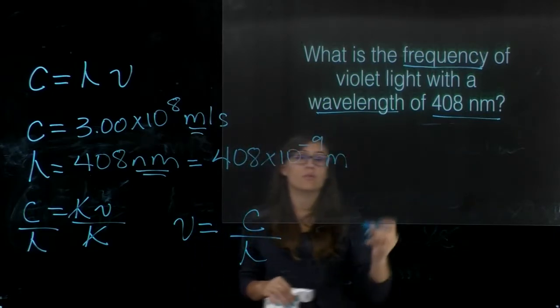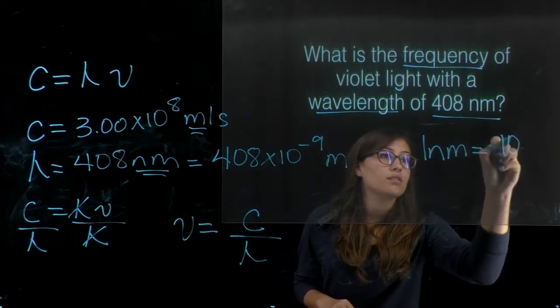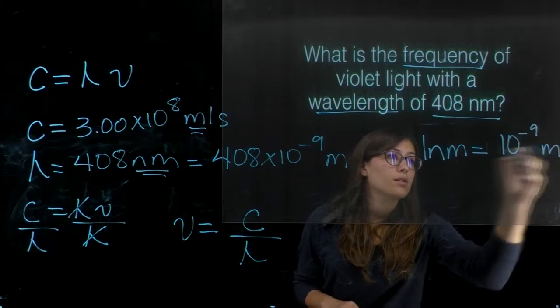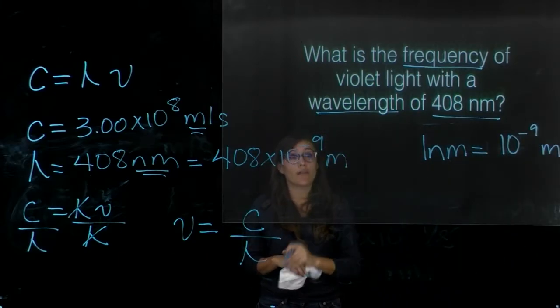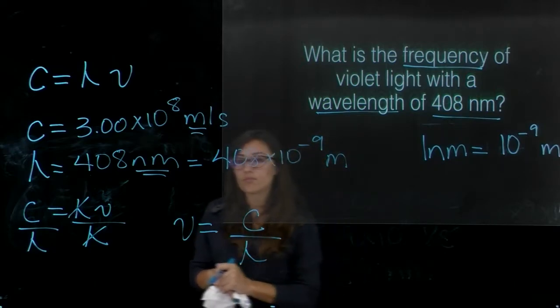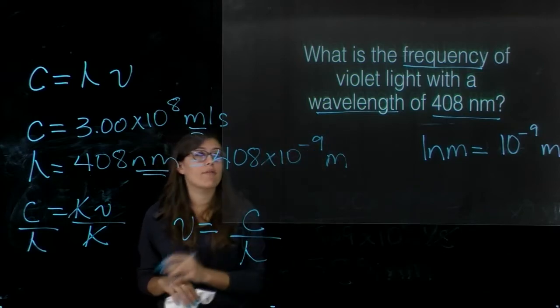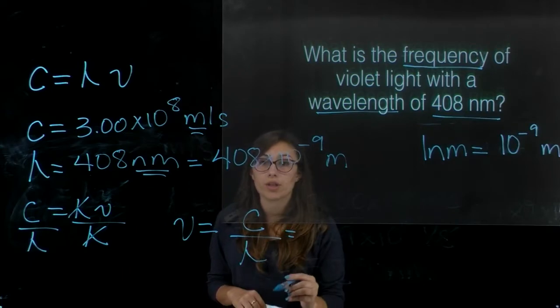So it's important to remember that 1 nanometer is equal to 10 to the negative ninth meter. That's a very important concept that you have to know, and you have to know a lot of these prefixes.